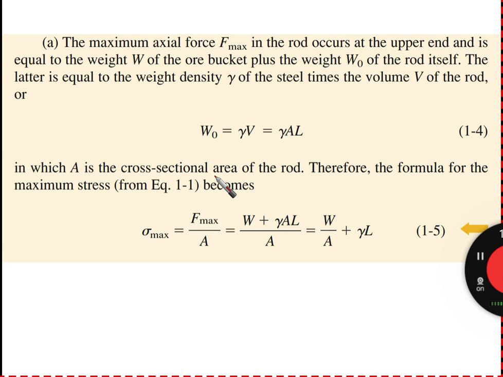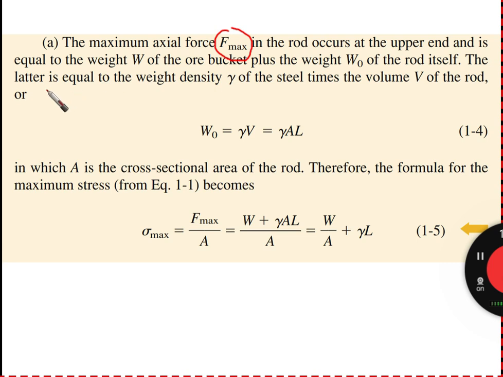Now let's go to A. As you can see here, the maximum axial force, F maximum, in the rod occurs at the upper end and is equal to the weight W of the bucket plus the weight W node of the rod itself.